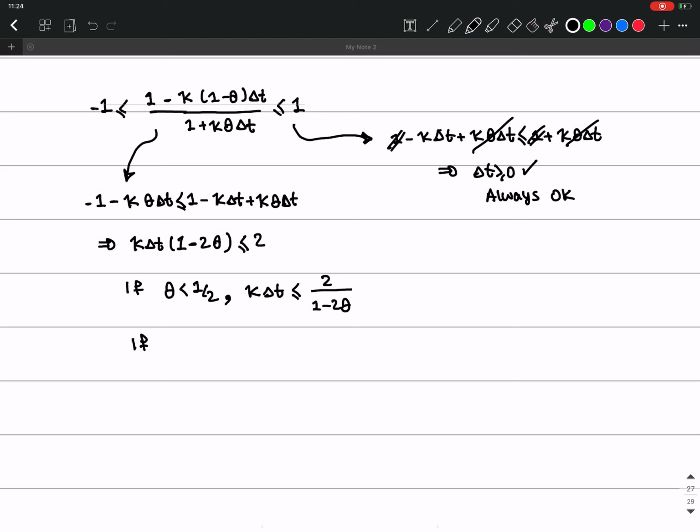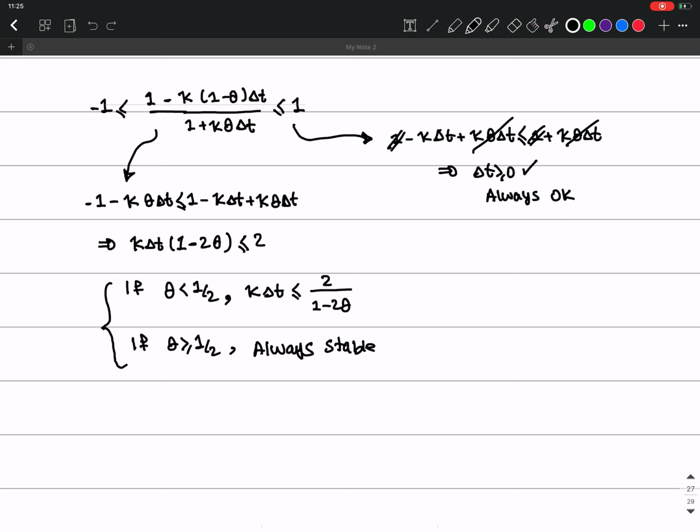On the other hand, if theta is greater or equal to 1/2, then it's going to be always stable, as we know, because this is going to be a negative number, and so it's always going to be smaller than 2. It's going to be a negative number on the left hand side.